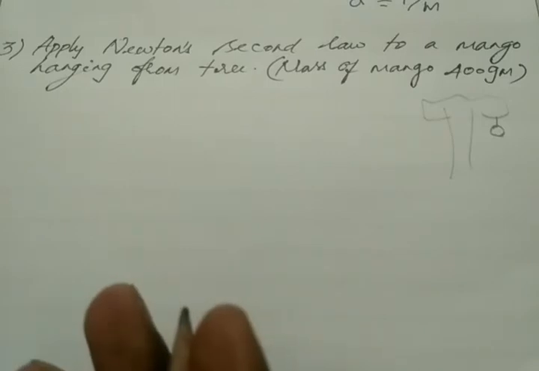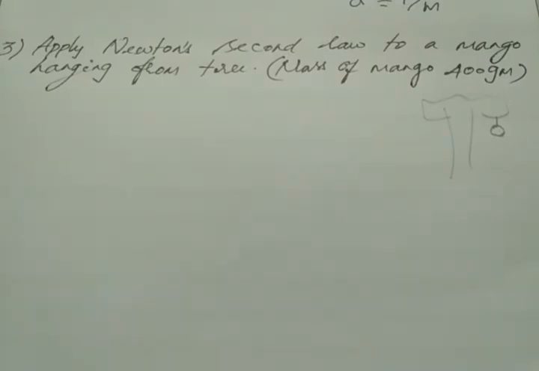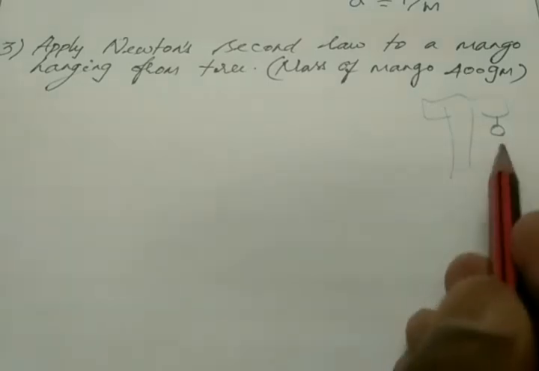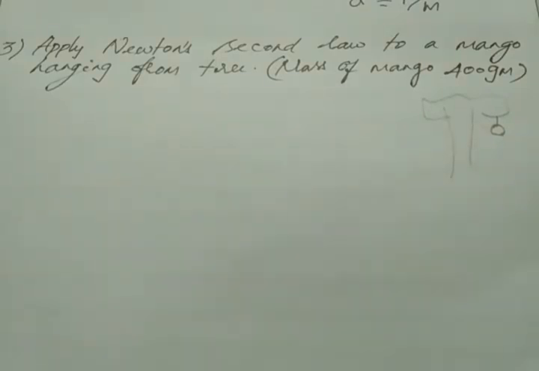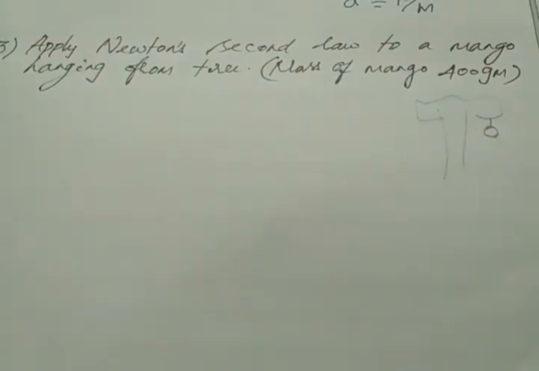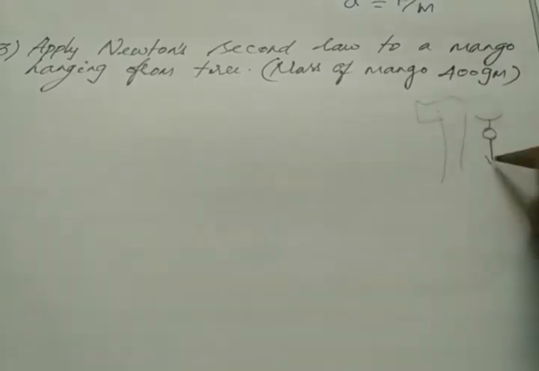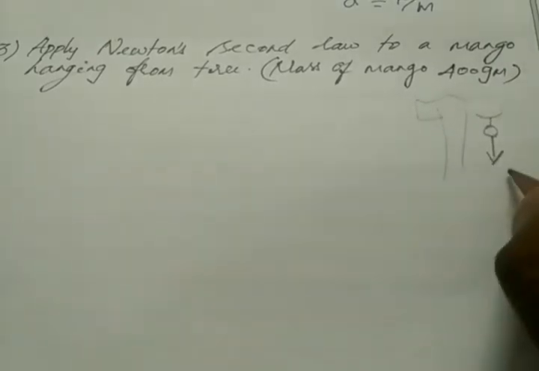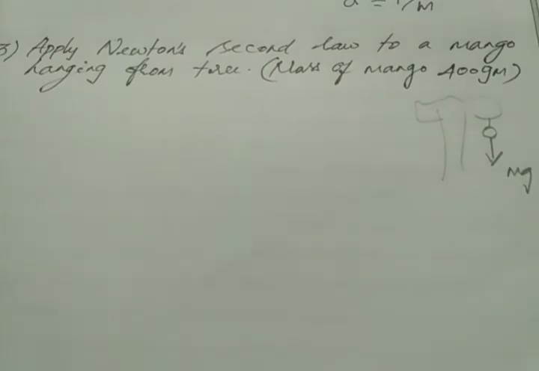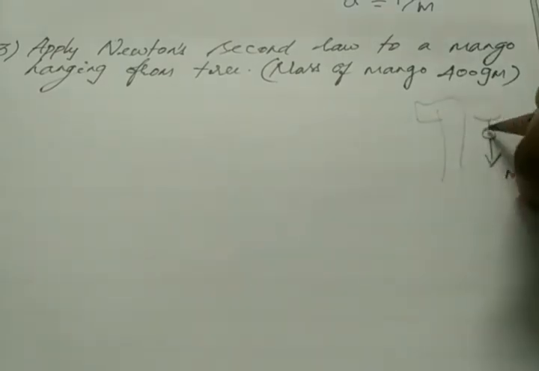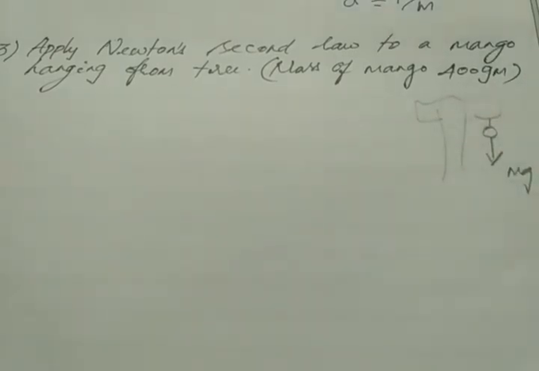We usually apply Newton's second law to find the force, right? So for this mango, we are going to draw a free body diagram. What are the forces acting on the mango? Yes, gravitational force, right? So we have mg here. Then there must be a tension force acting on the mango, right?